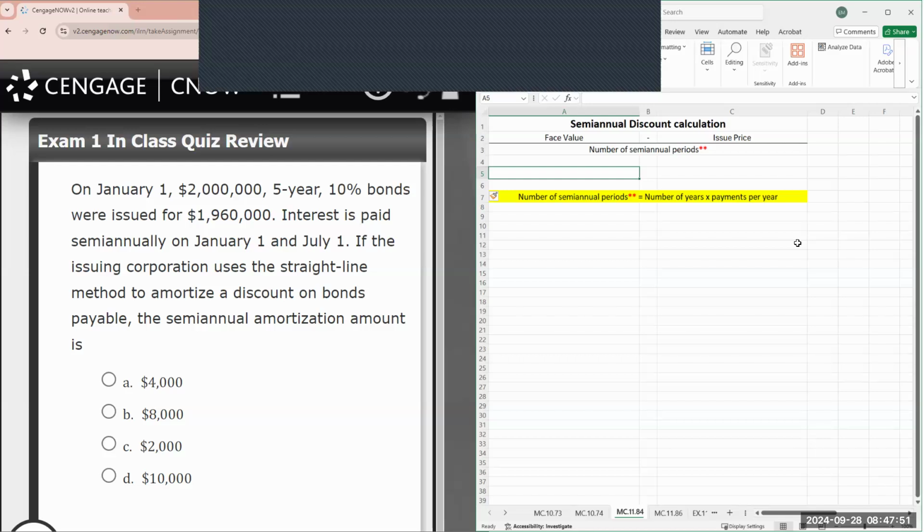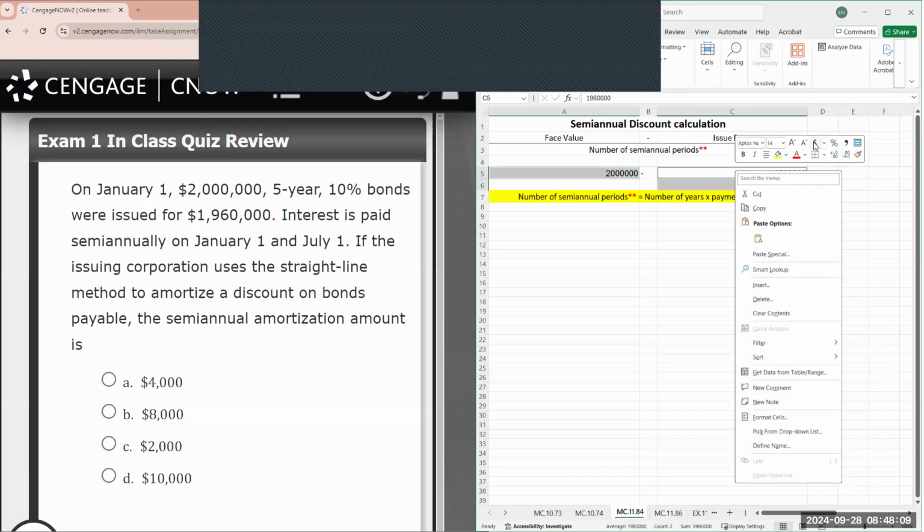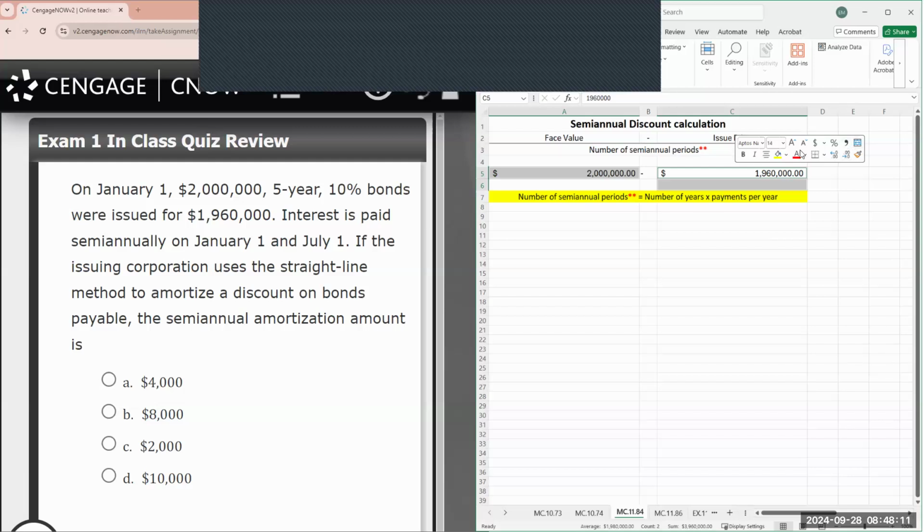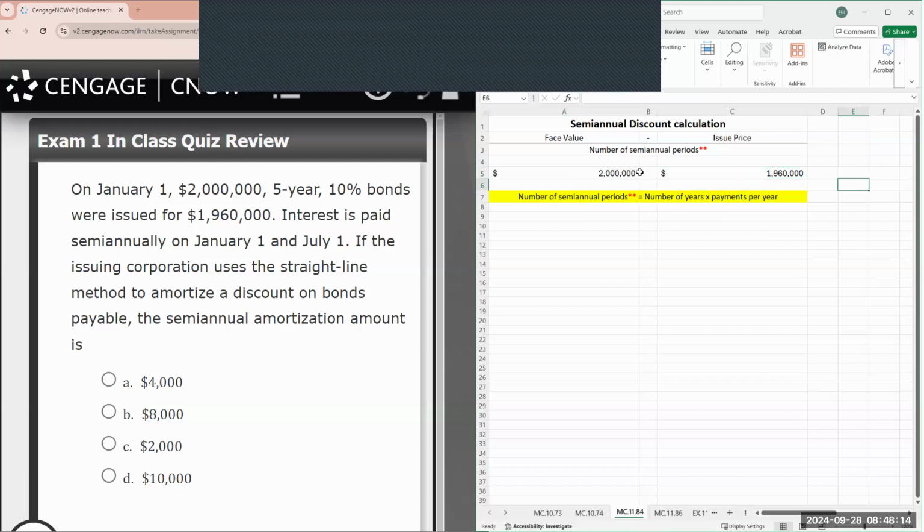So the face value is 2 million minus the issue price, which is $1,960,000. All right, so if we subtract the 2 million minus the 1,960,000, the next step is for us to divide it by the number of semi-annual periods.